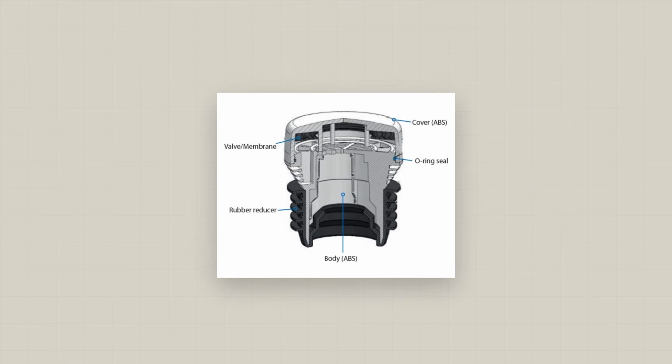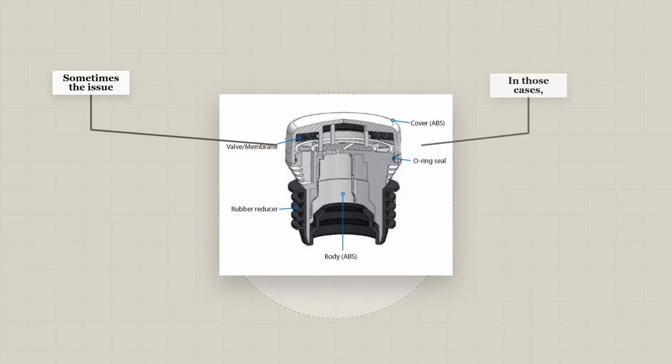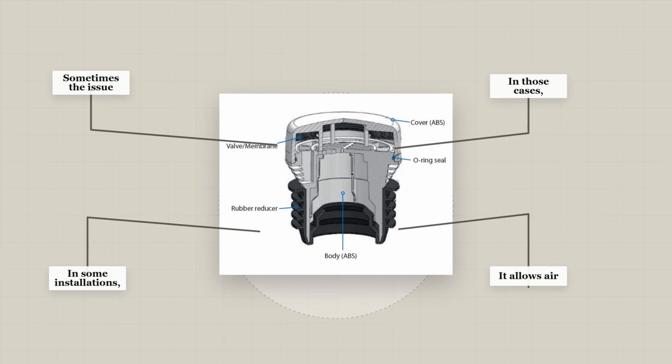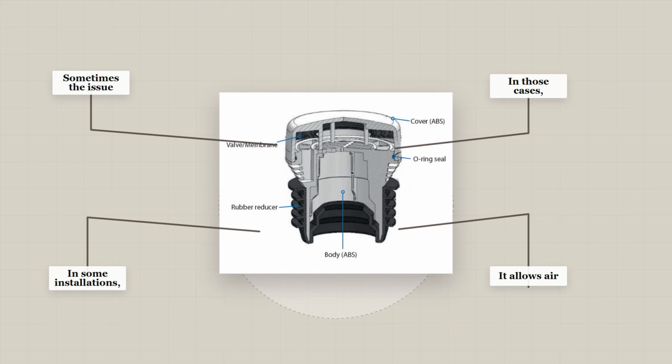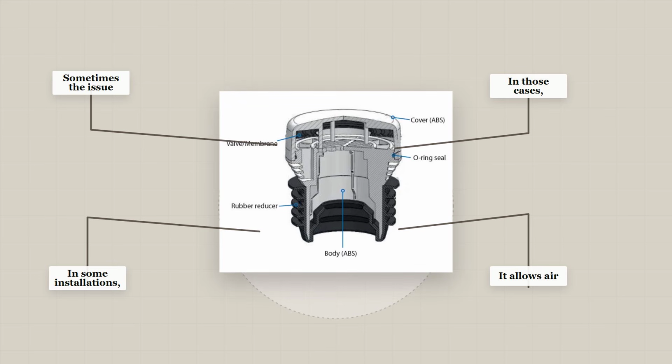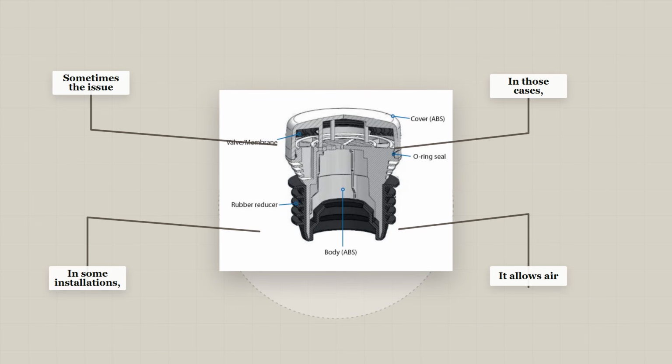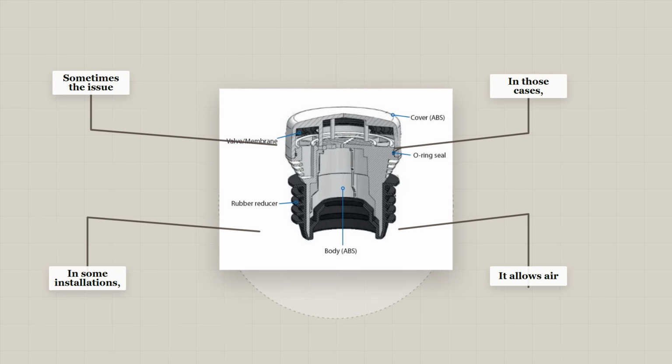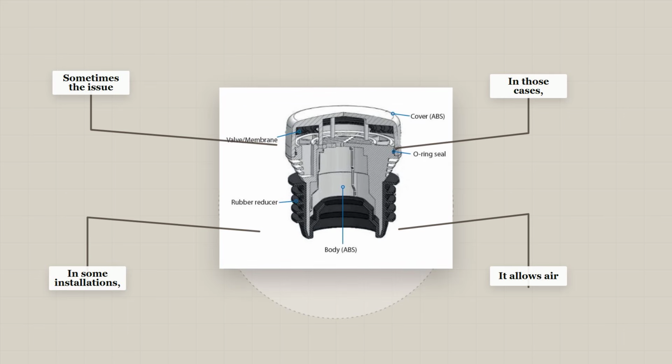Sometimes the issue is not just the trap shape, but the lack of proper venting in the system. In those cases, a venting correction may solve the pressure problem that causes siphoning. In some installations, an air admittance valve may be used where code permits. It allows air into the drain system when needed, which helps protect the trap seal from being pulled empty. But it's important to understand that this is not a universal magic part.